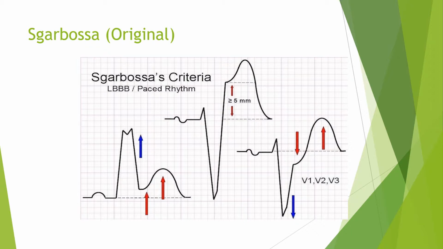The last criteria in the original Sgarbossa criteria was Sgarbossa C criteria, and basically in this one what they said was we acknowledge that a discordant T wave will pull the ST segment, and so you can see in the graphic you have a deep downward QRS complex and upright T wave. But even though the T wave will pull the ST segment, what Sgarbossa identified is that there's something called excessive discordance.